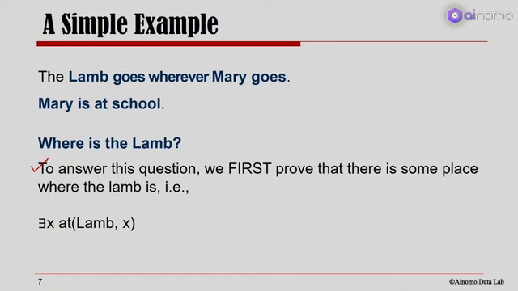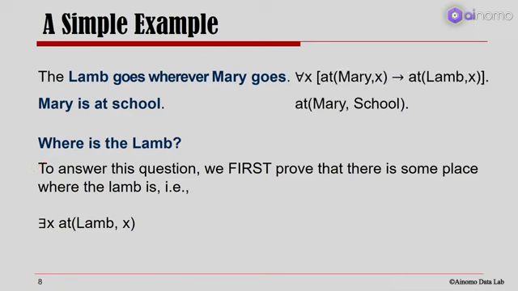Now just to take a note here, that the predicate being used here is at x comma y to mean that x is at place y. So here the statement lamb goes wherever Mary goes, instead of bothering about places and other things, I have introduced a predicate at to say that for all x, if Mary is at x, the lamb will also be at x.